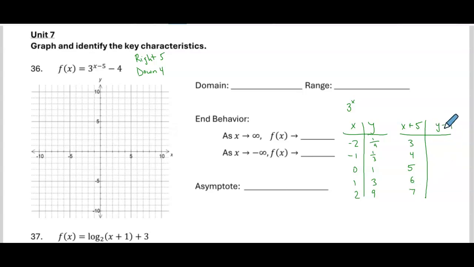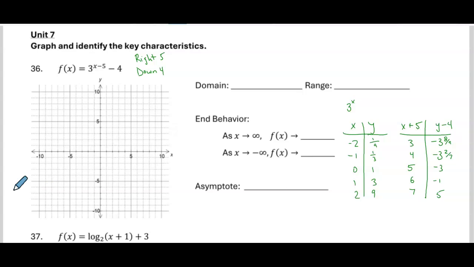And then, starting with these, 1/9 minus 4 is -3 8/9. Decimals are fine if you want. 1/3 minus 4 is -3 2/3. 1 minus 4, 3 minus 4, 9 minus 4.